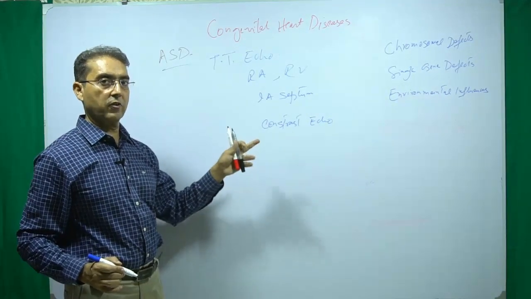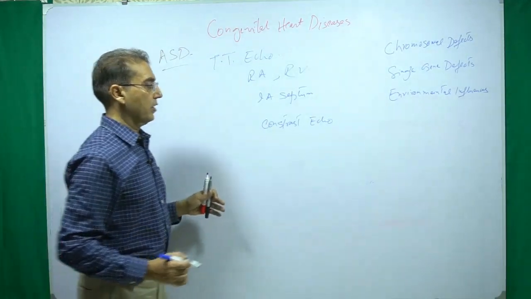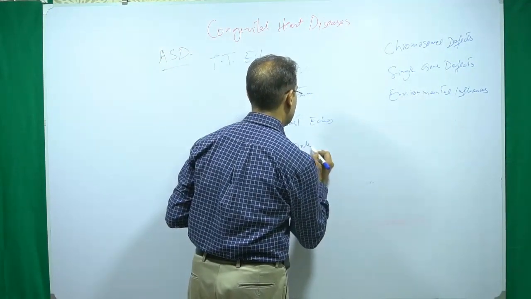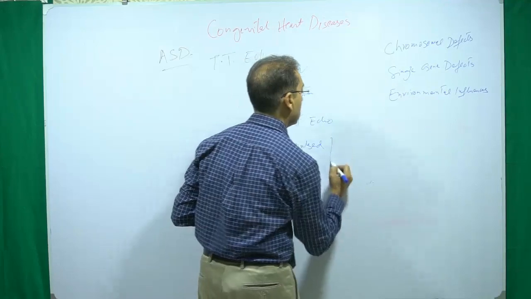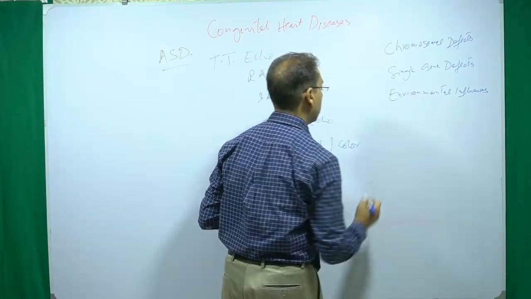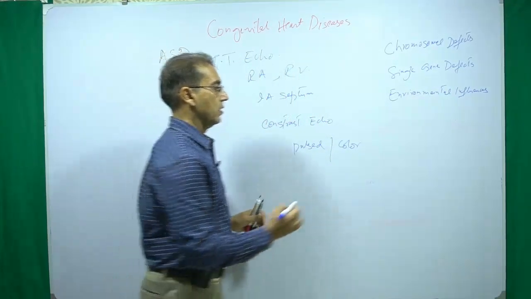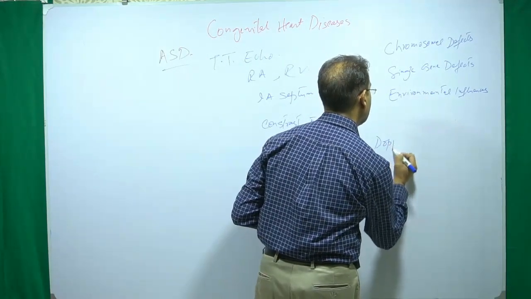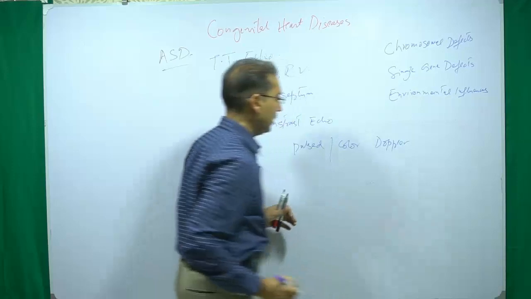It is from the right to left or it is from left to right. And this can also be done on pulse Doppler or color Doppler. Both of these can tell us the direction and the amount of shunting.